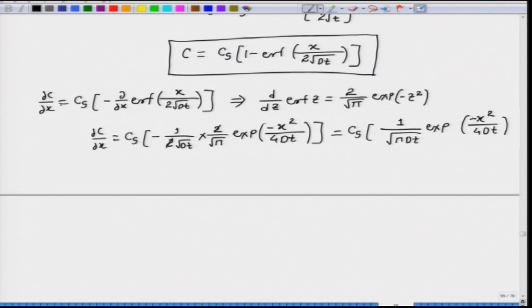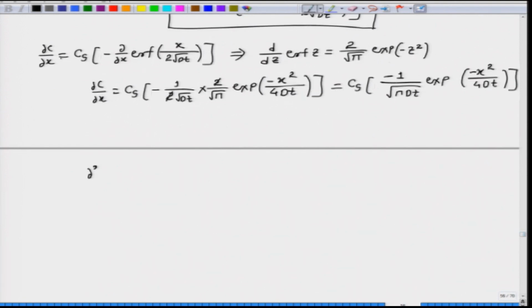Should be a minus sign here, and then again there is a minus sign here outside. So, minus 1 over root pi dt exponential minus x square over 4 dt. So, the slope will be negative, right, because the exponential term will always be positive.